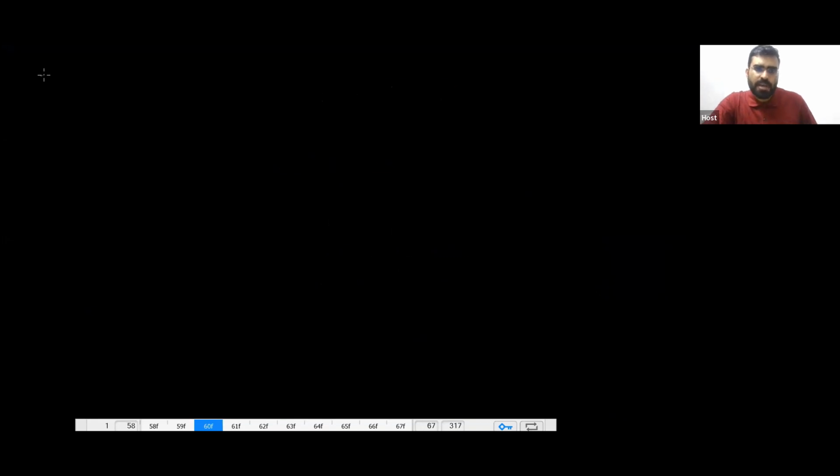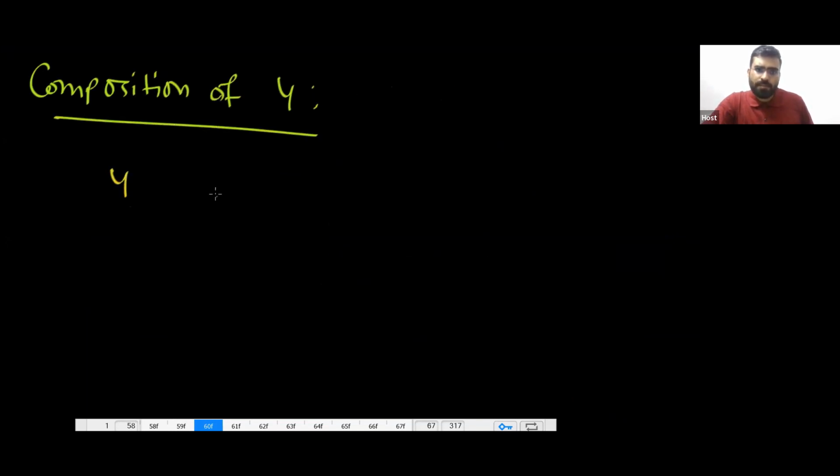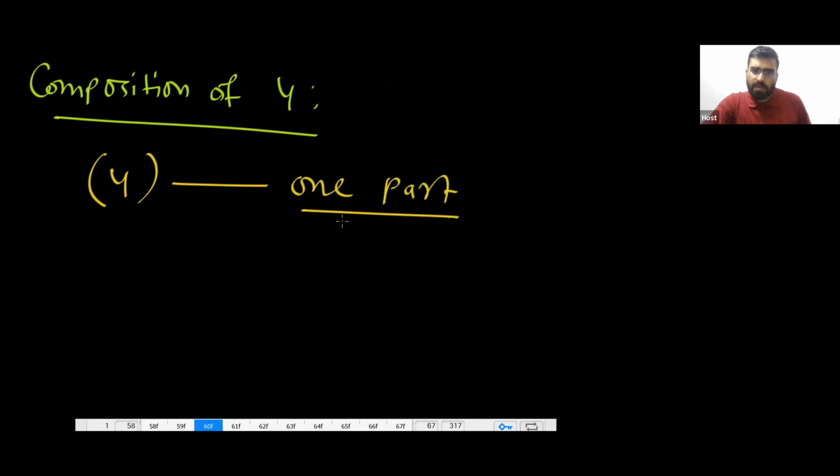So for example, if you have compositions of 4, you can notice that in this composition we only have 1 part. In this composition, we have 2 parts. In this one also, 3, 1, we have 2 parts.